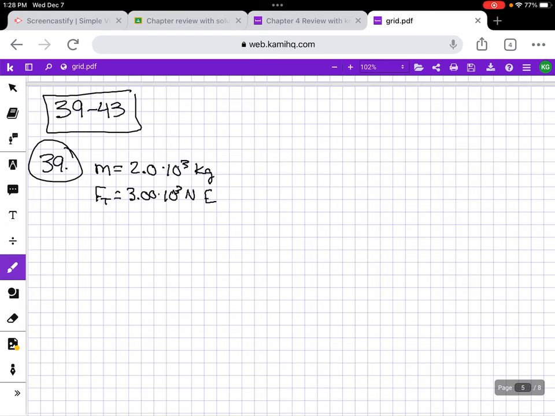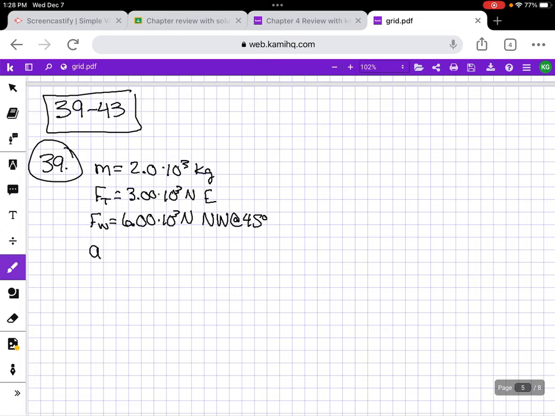And a wind force, so force of the wind, is equal to 6.00 times 10 to the third newtons northwest at 45 degrees. We'll have to draw that picture to see that. North of the west. What is the magnitude of the resultant acceleration?